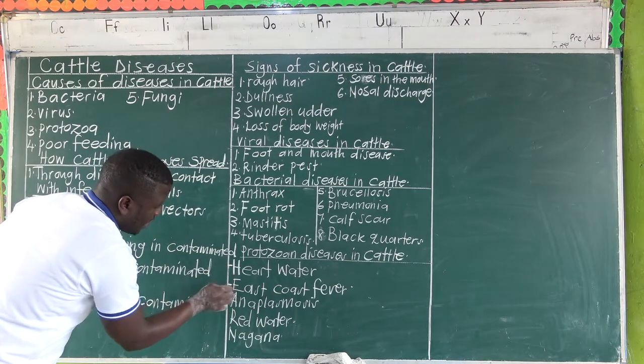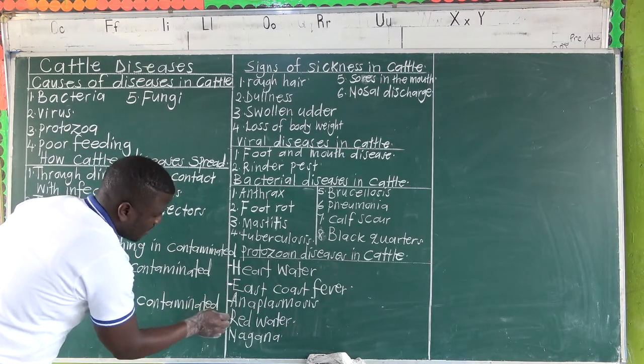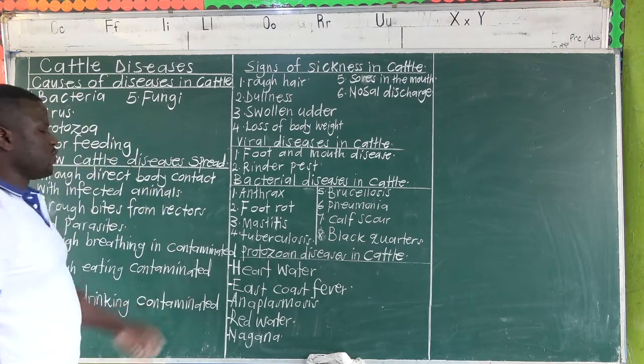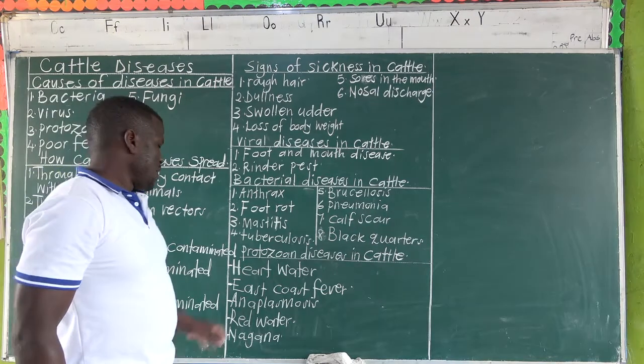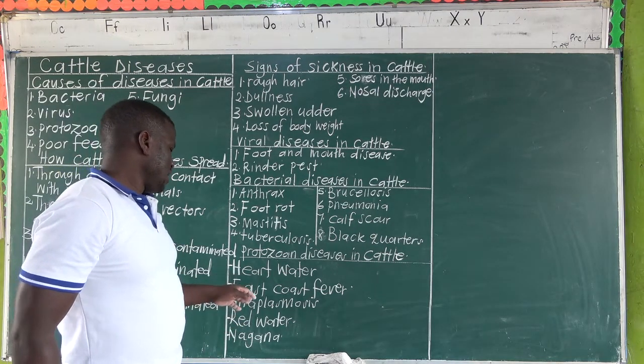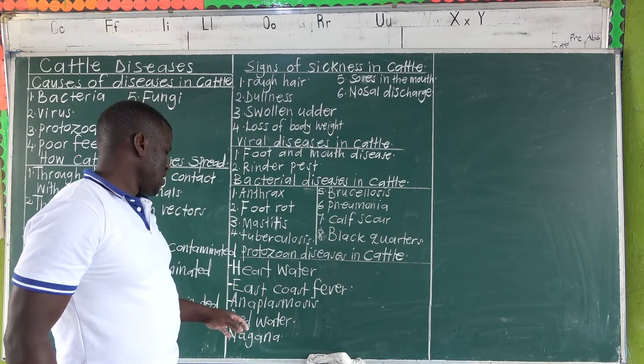So these are examples of protozoan diseases. The first four, heart water, East Coast fever, anaplasmosis, and red water, are spread by ticks.